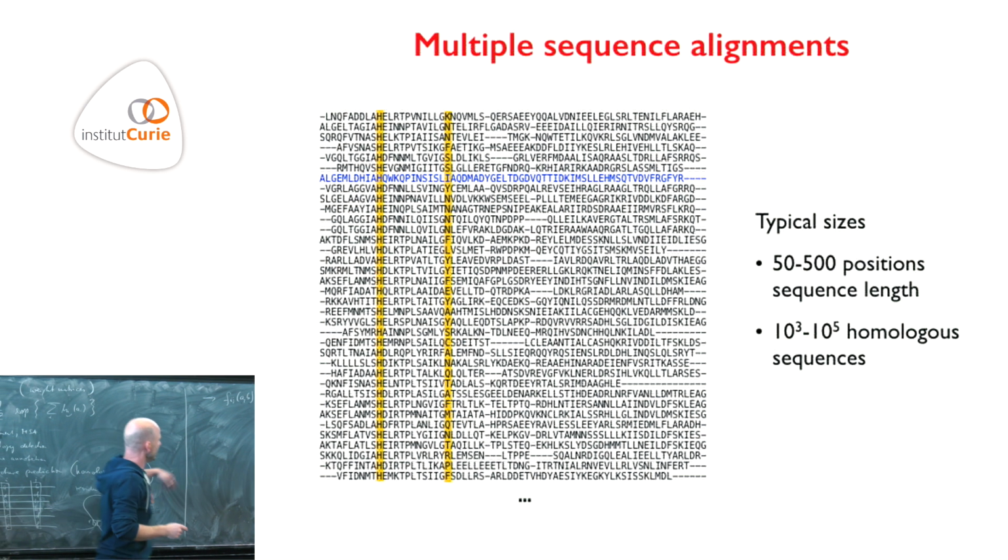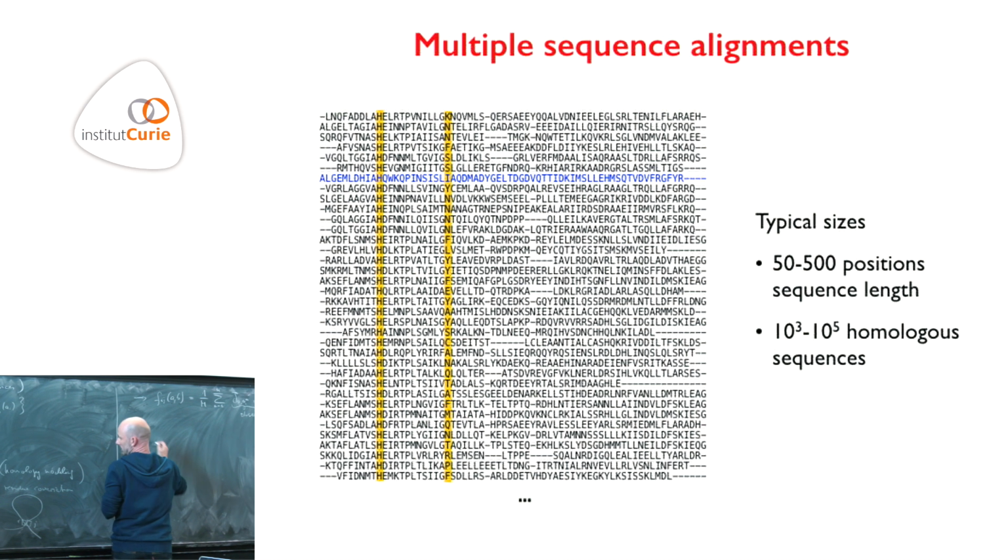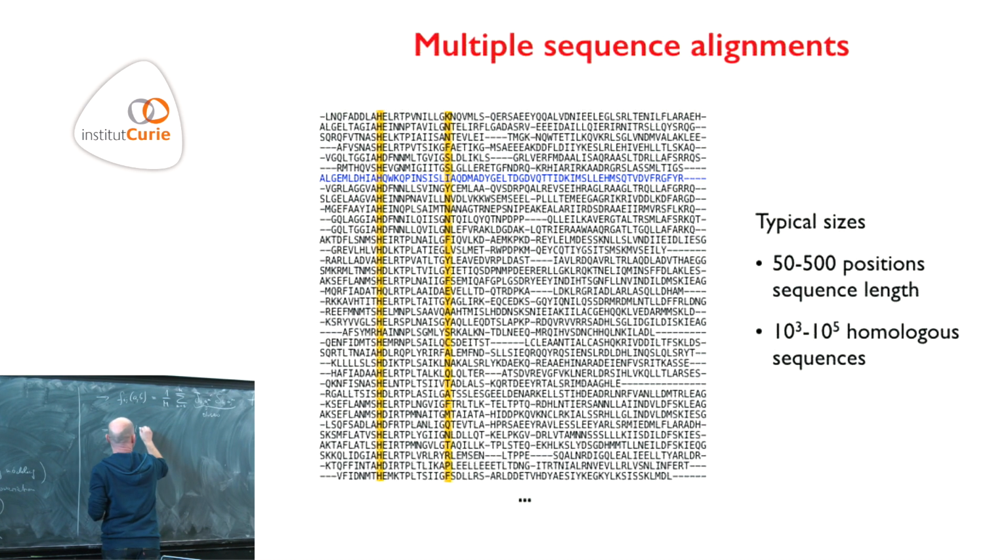So now if you take also this into account, you find a model which looks like P of A, some normalization factor, plus now you have these pairwise terms which lead to pairwise couplings, Jij, Ai, Aj, plus the sum over I of Hi of Ai.